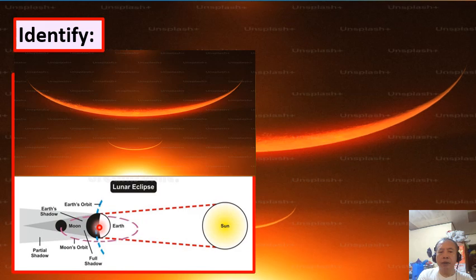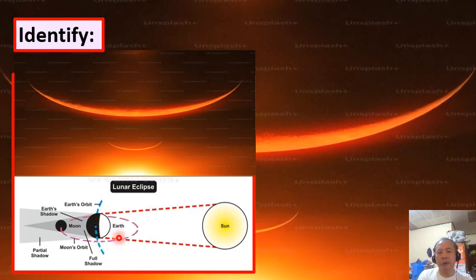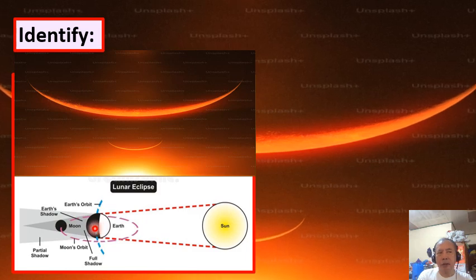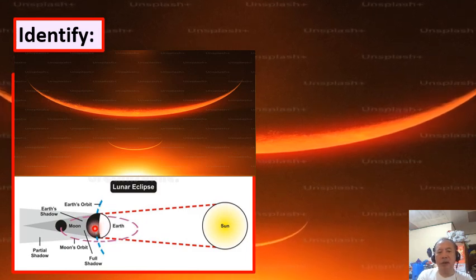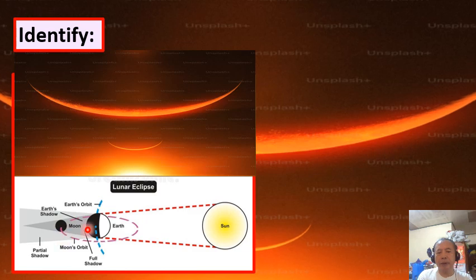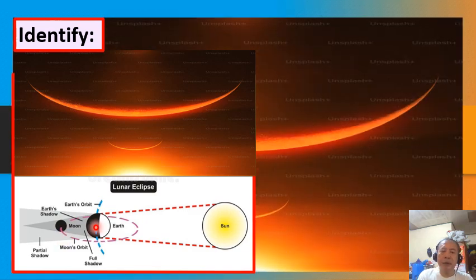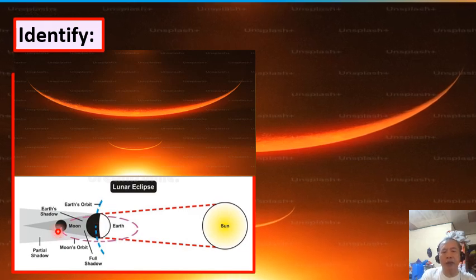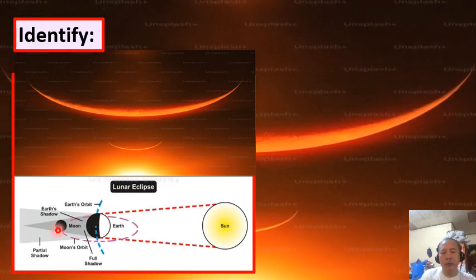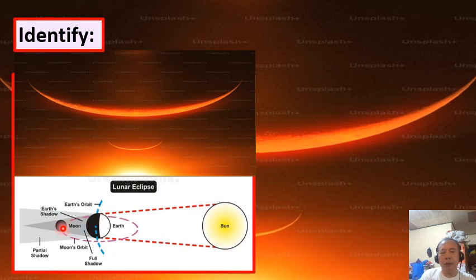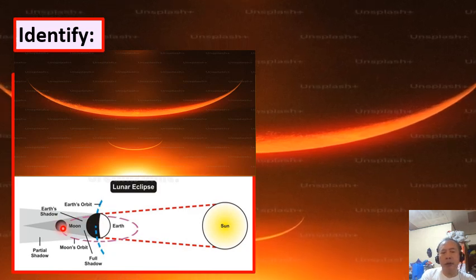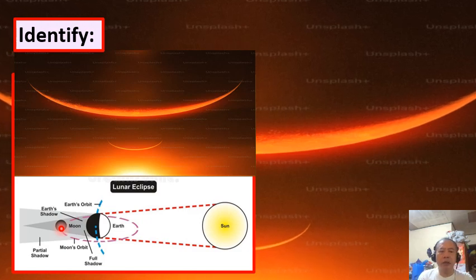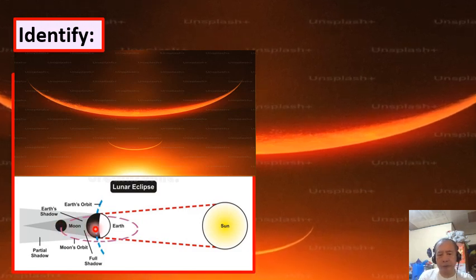On the side of the Earth facing away from the sun, they see a lunar eclipse whenever the main shadow of the Earth is cast on the moon. In other words, when the moon happens to be closer to the Earth than the usual distance of the moon from the Earth.